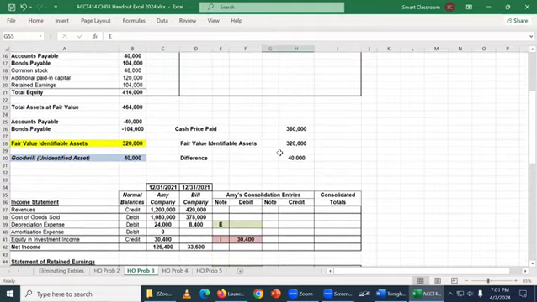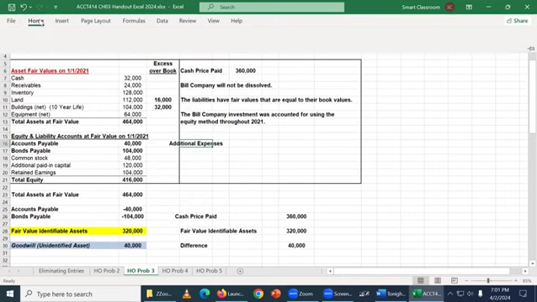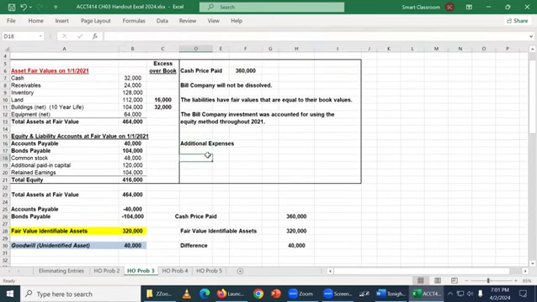What do we have for our expenses? Sorry, additional expenses. We have the building.